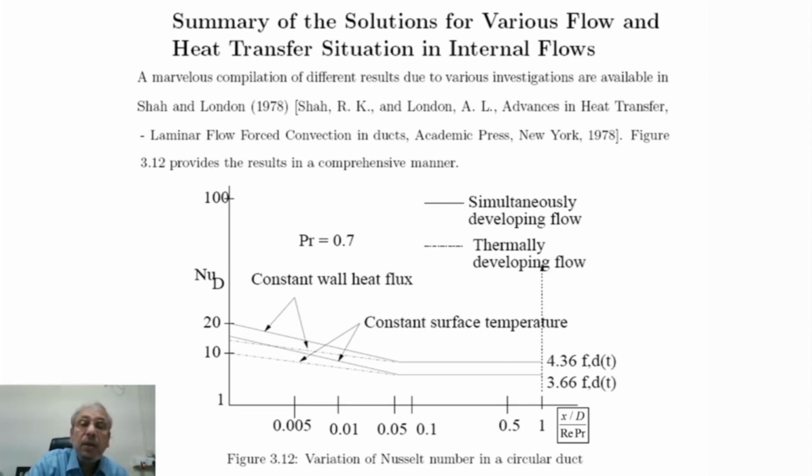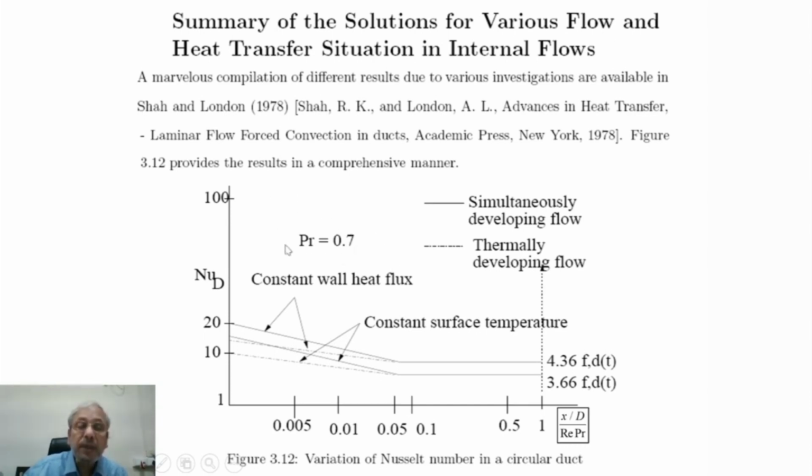Now here we will just refer to the flow through a circular duct or pipe or tube, and from Shah and London's book we will reproduce the results for, you can see, Prandtl number 0.7.